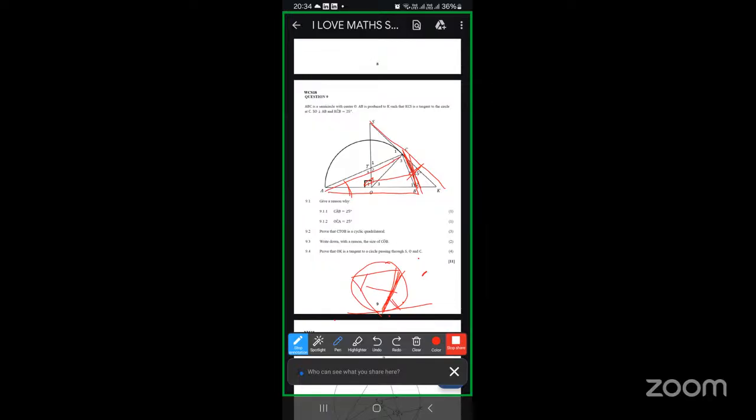Then we can proceed to 9.1.2. Angle OCA is this angle right here. And then they are saying that angle 2 is equal to 25 degrees. So what do you think is the reason behind that statement? Angles opposite equal sides. Yes, angles opposite equal sides, because that angle is opposite that radius.